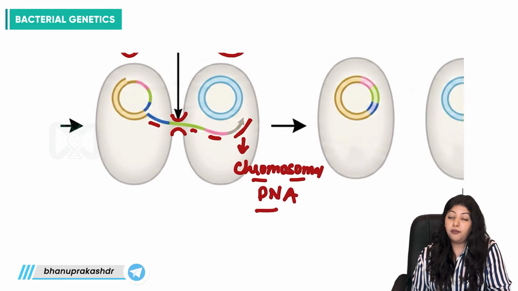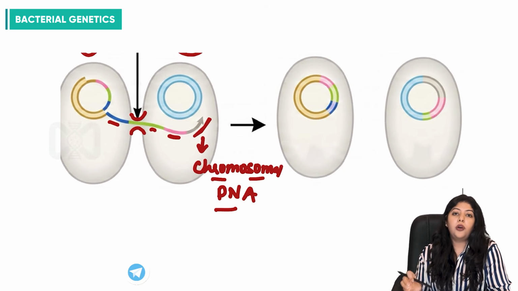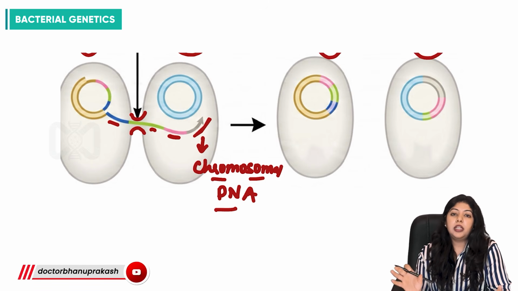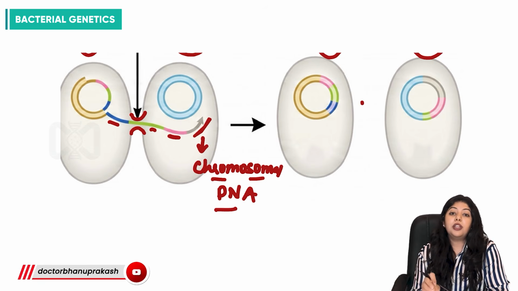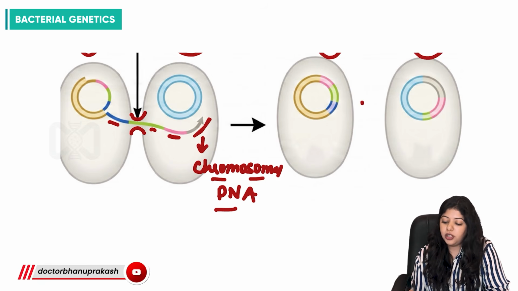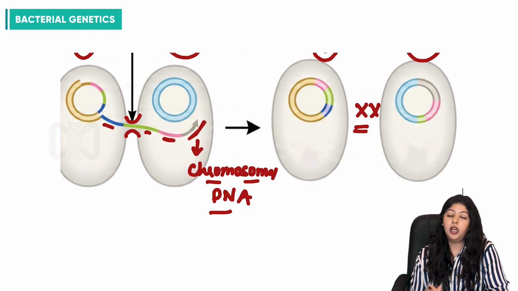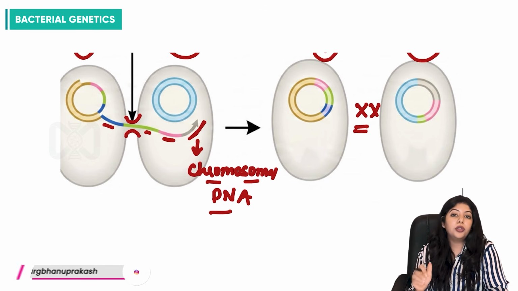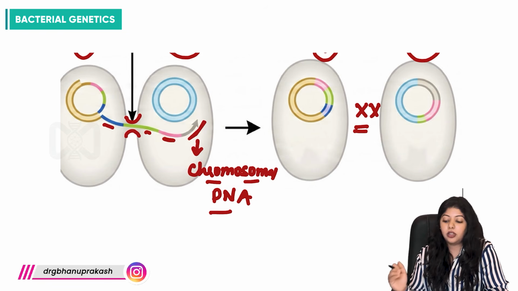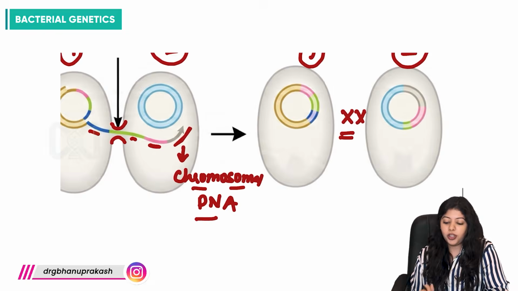But before the whole of the genetic material is transferred from bacteria 1 to bacteria 2, the connection breaks between these two bacteria. So the conjugation tube breaks before completing the transfer of the whole of the material. So it is not the whole genetic material of the plasmid or the chromosomal DNA which gets transferred, but some is left behind.